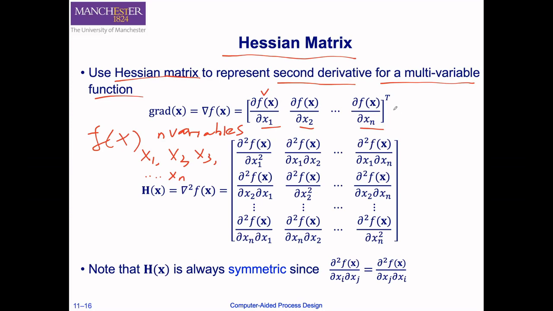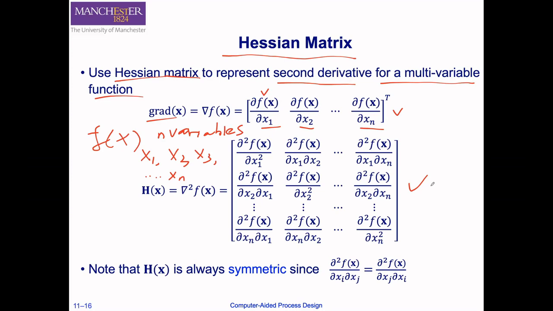Then we can get a vector of the partial derivatives. This vector is also the gradient of function f(x). Based on the partial derivatives of f(x), we can construct the Hessian matrix.